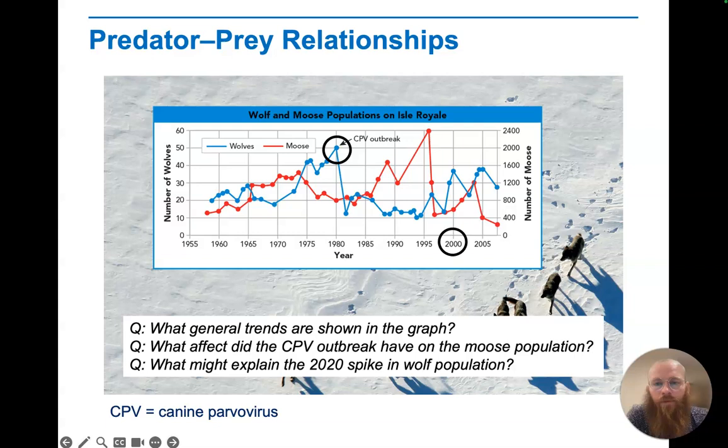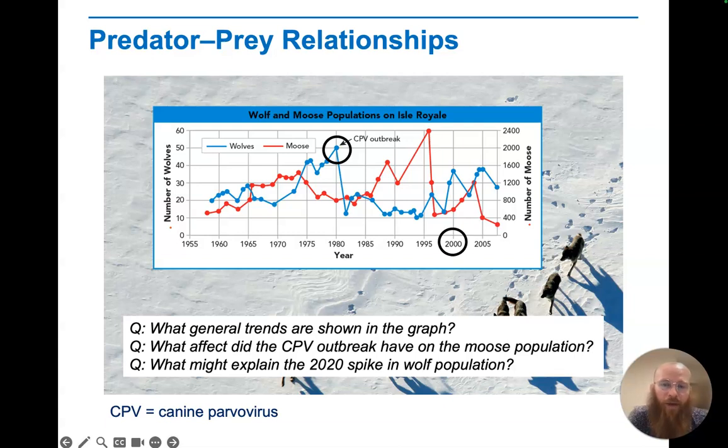Whenever I look at this graph, here on the left side, you can see we're identifying the number of wolves. And on the right side, we're tracking the number of moose. So these are two different populations, two different species that are existing within the same environment at the same time.